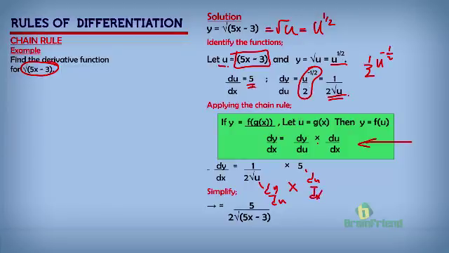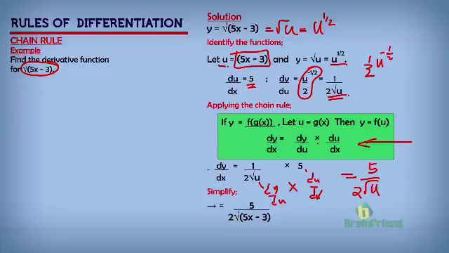If we multiply this out, we have 5 all over 2 root u. But remember, from the beginning, we substituted our 5x minus 3, which was our inner function, to be u.